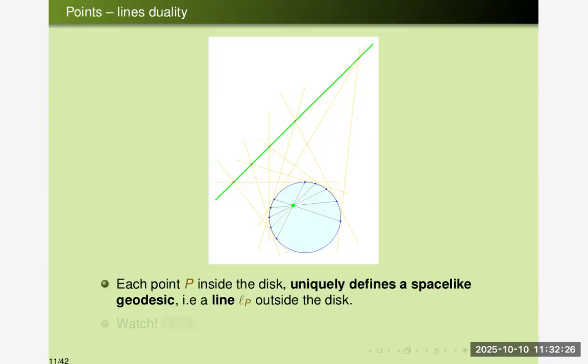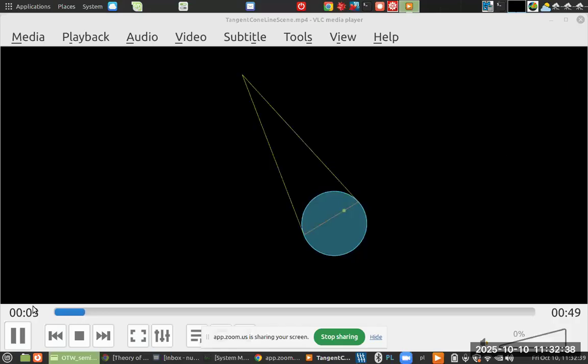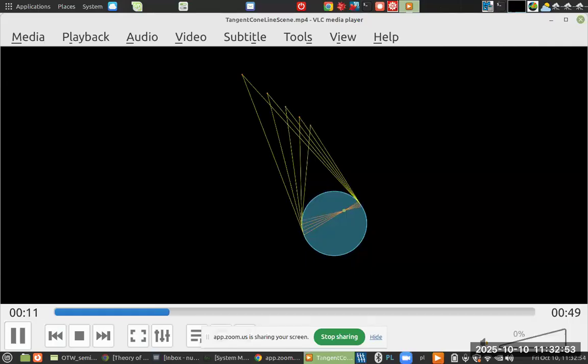If you don't understand this picture, watch this animation made by ChatGPT for me. I asked ChatGPT to make an animation. Let's start again. So I have a green point inside, and I'm now just moving chords around this point.